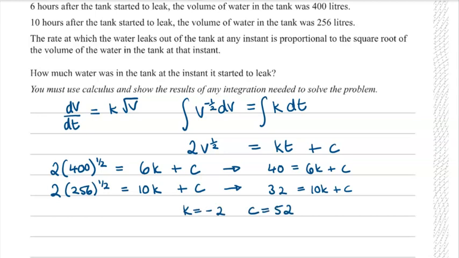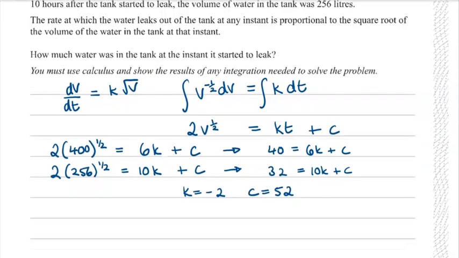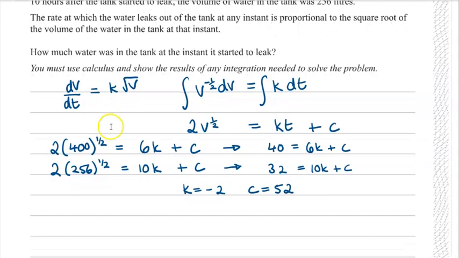Now, it's tempting to stop these questions when you get down to this point, but make sure we have actually answered it. So the question asks us to finish with how much water was in the tank at the instant it started to leak. So this would be when t is 0. So when t is 0, our equation now is 2v to the half is equal to minus 2 times 0, just substituting in that.